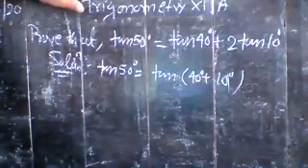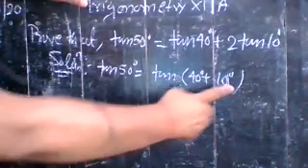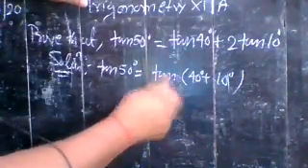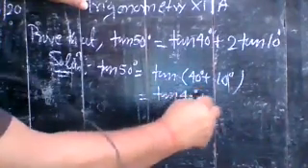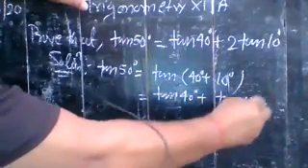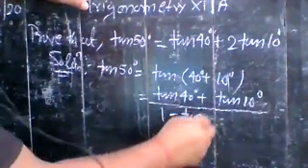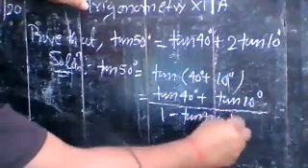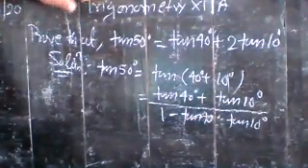Applying the identity for tan x plus y, you can write tan 40 degree plus tan 10 degree upon 1 minus tan 40 degree into tan 10 degree.